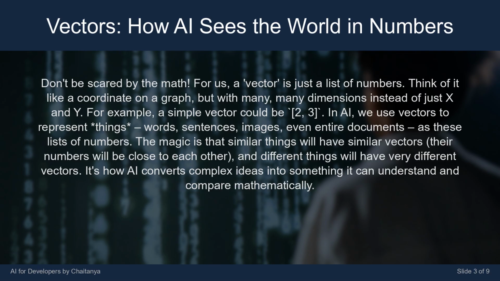In AI, we use vectors to represent things, words, sentences, images, even entire documents, as these lists of numbers. The magic is that similar things will have similar vectors. Their numbers will be close to each other. And different things will have very different vectors. It's how AI converts complex ideas into something it can understand and compare mathematically.